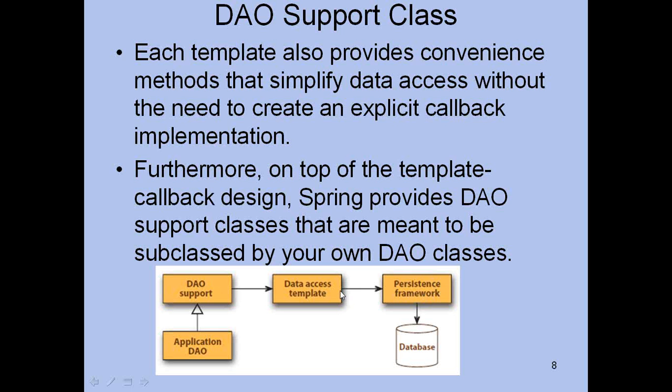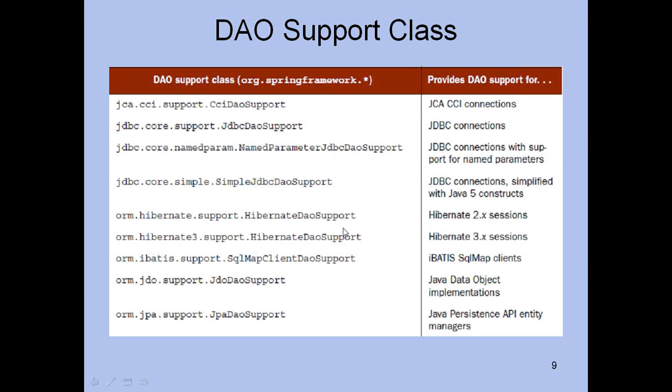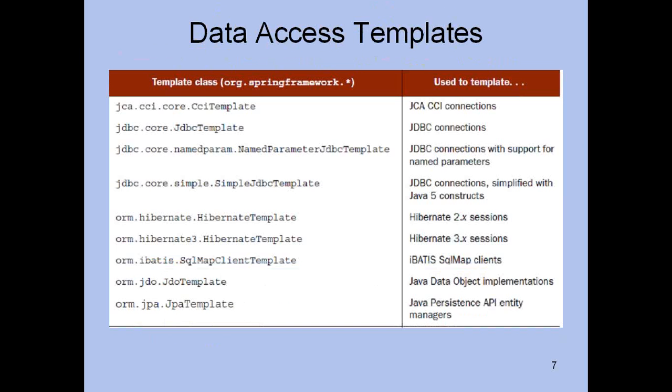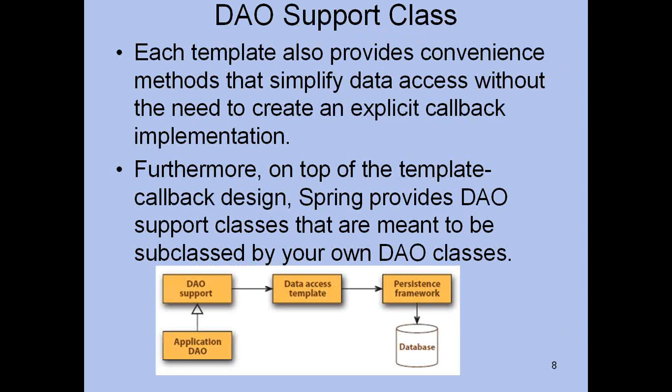If it is Hibernate, what kind of data access template will you use here? So in that case, the DAO support class will be org.hibernate3.support.HibernateDaoSupport. Okay. So earlier, if you are using template, it is org.hibernate3.HibernateTemplate.